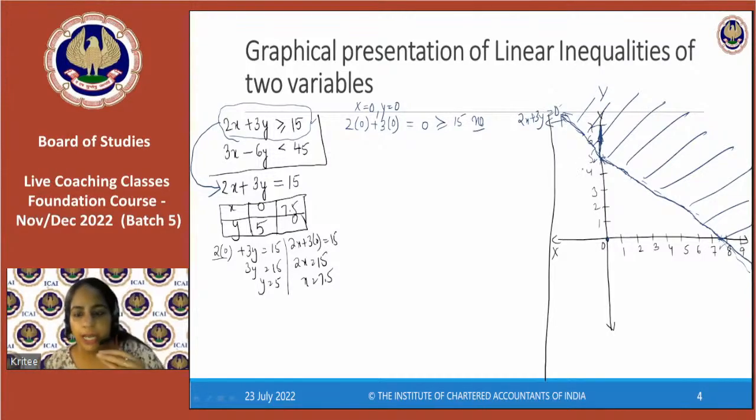So arbitrarily, assume any value. Someone is asking the meaning. Arbitrarily means randomly, like without any logic or any fact, just assume your choice, any number you like.